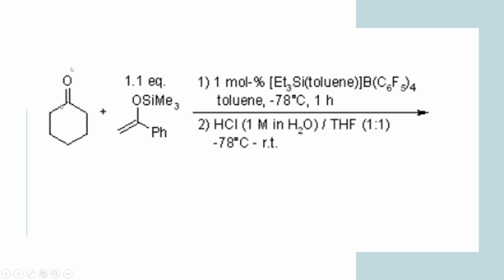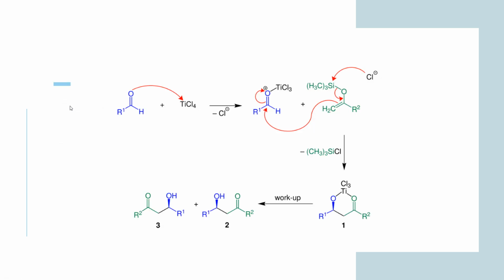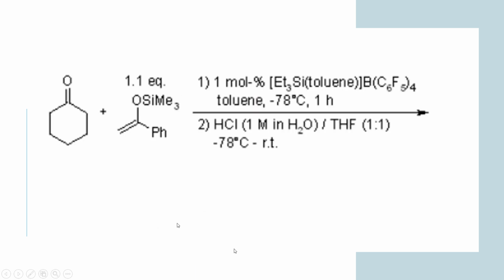And also this silyl enol ether is going to attack at this activated carbonyl in the second step, and like we saw in this final step, in this reaction also you are going to get the formation of beta hydroxy ketones as the final product.